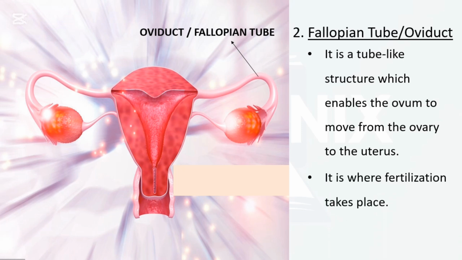But before it gets to the uterus, in case there is sexual intercourse and sperms are deposited, fertilization will take place. So that means the fallopian tube, also known as the oviduct, is where fertilization takes place in the female reproductive system.